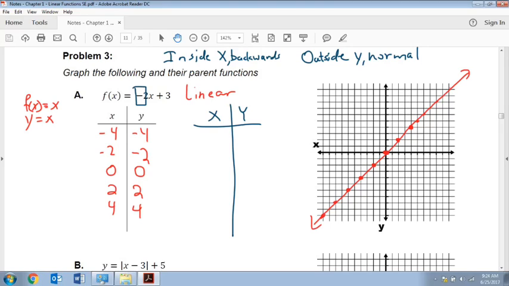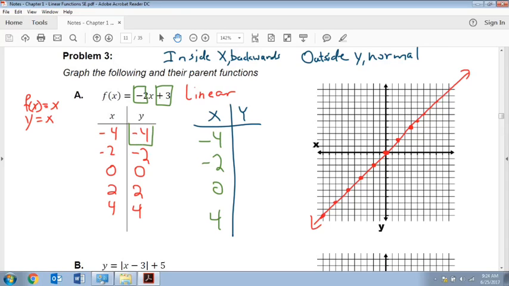We are going to multiply them by -2, because that's what's happening to x, the -2 is multiplying x, and then we're going to add 3. Nothing is inside, so we're not going to change our x's at all: -4, -2, 0, 2, 4. But your y's, we will multiply them by -2 and add 3.